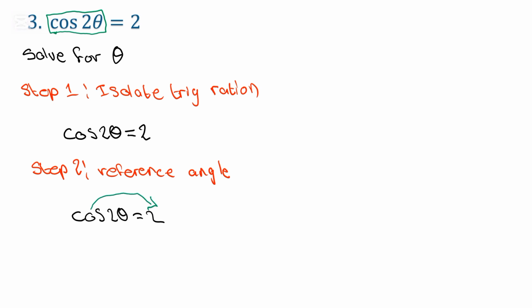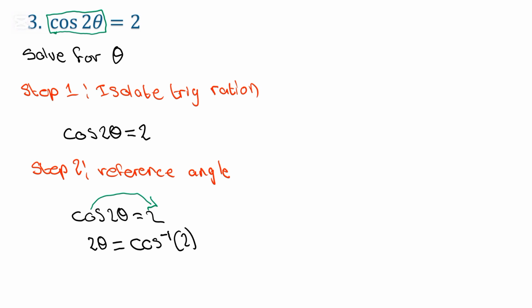So 2 theta is equal to, you press shift, then you press cos, and it will give you cos negative 1 of 2. Then you have done your reference angle shift.